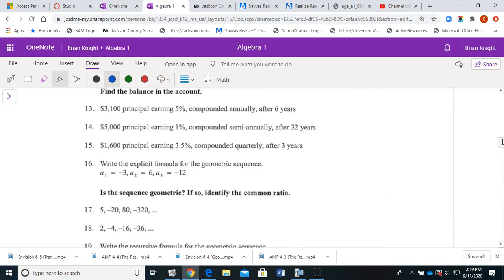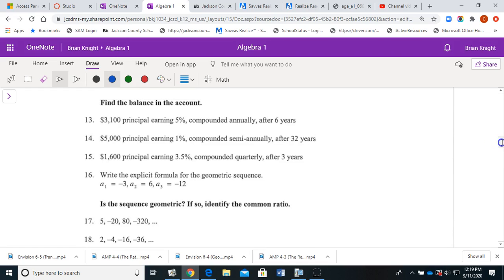Page 2. Find the balance in the account. All right. So now our formula is changing just a little bit, because now it can be compounded. I want you to understand, we've gone from y equals a b to the x power, and then they started giving us, hey, it's going up by 13%, going down by 13%.